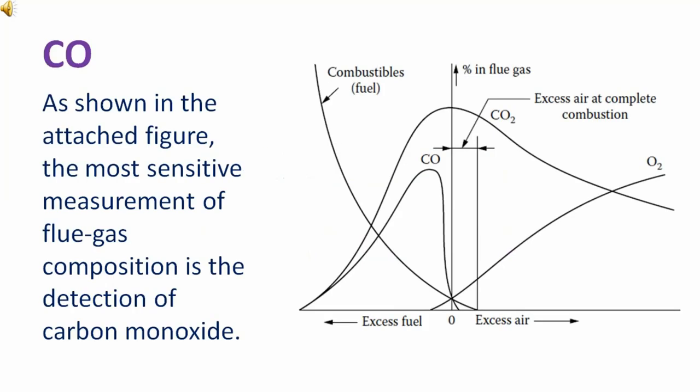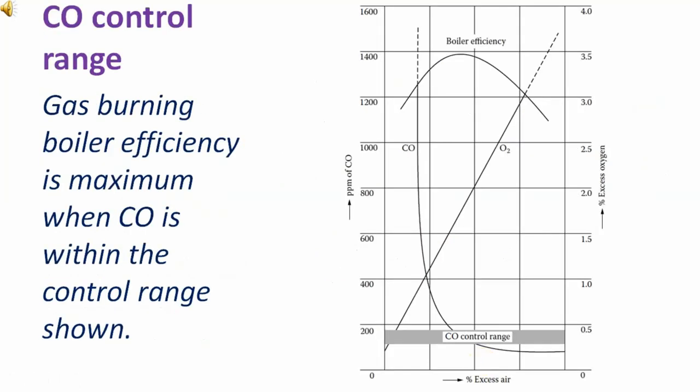As shown in the attached figure, the most sensitive measurement of flue gas composition is the detection of carbon monoxide. Gas burning boiler efficiency is maximum when carbon monoxide is within the control range shown.